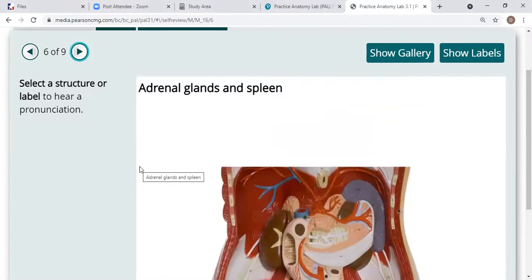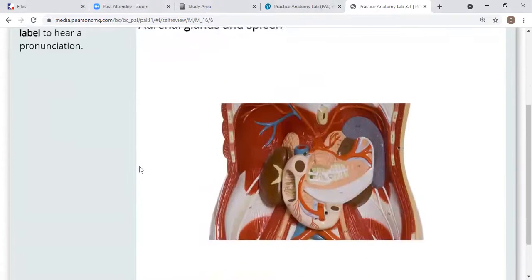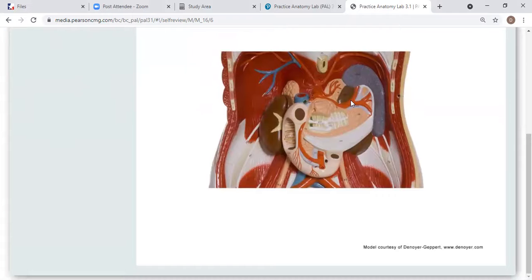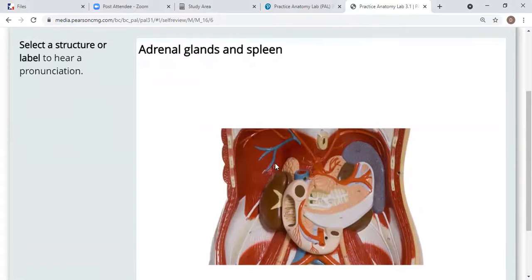Now, let's take a look in terms of adrenal glands and spleen, right? So we have our spleen and the adrenal glands.